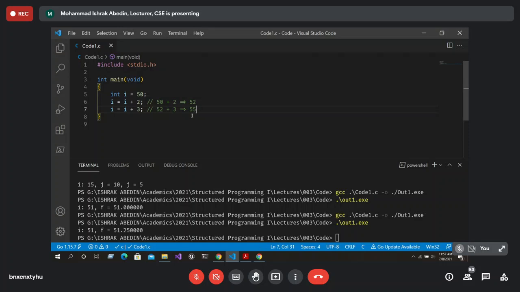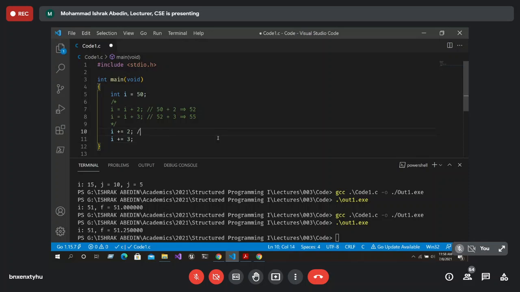So we can actually simplify these statements. C provides us with a simplified operator for the similar statement, which is plus equal to. Instead of writing these 2 lines, I can write i += 2 and i += 3.